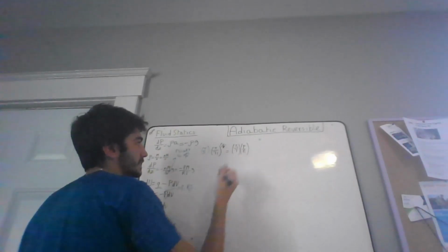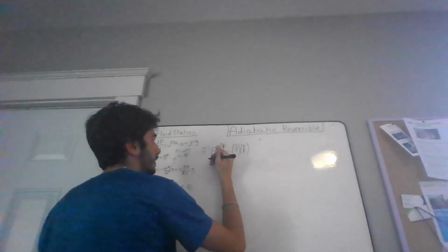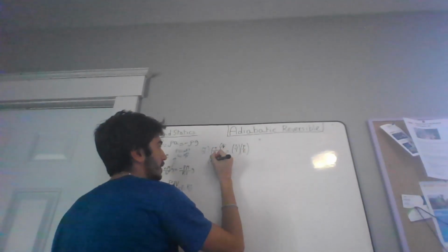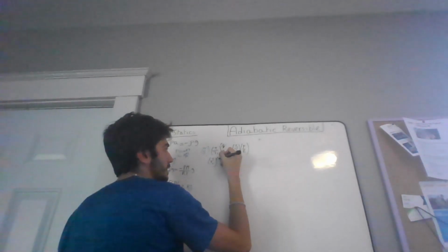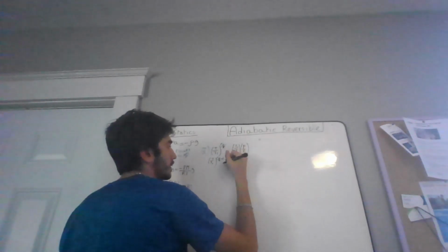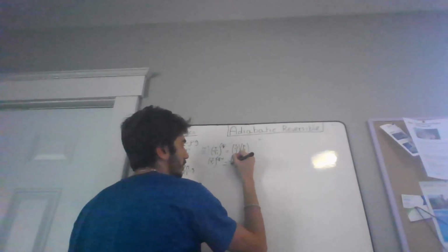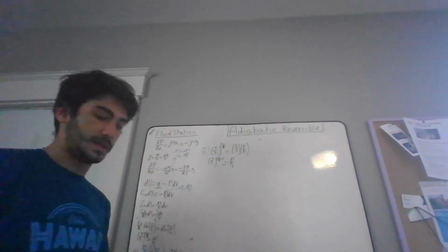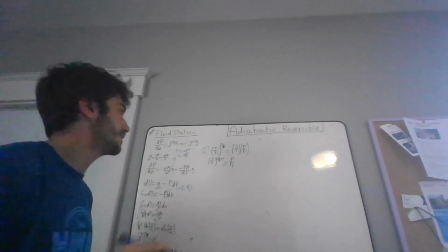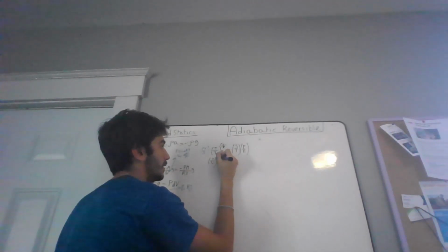So that we can take this out. Then we end up having T over T1 to the power of CV over R plus 1 equal to P over P1. Beautiful. Okay, now we're almost there. However, there's an issue with CV over R plus 1.